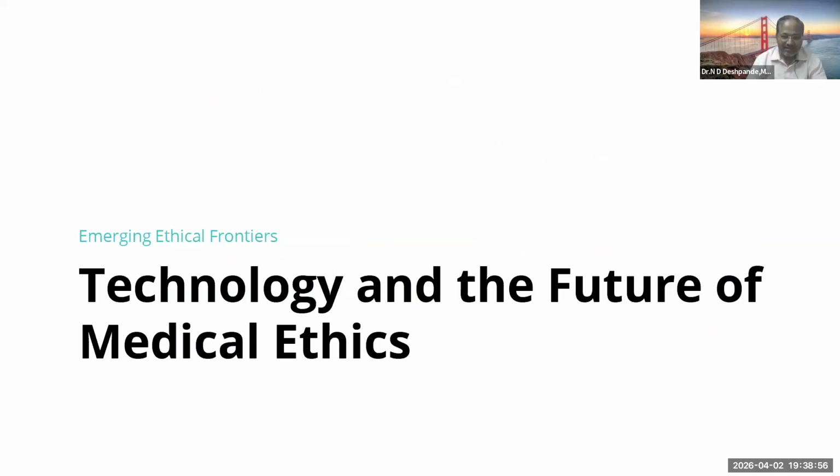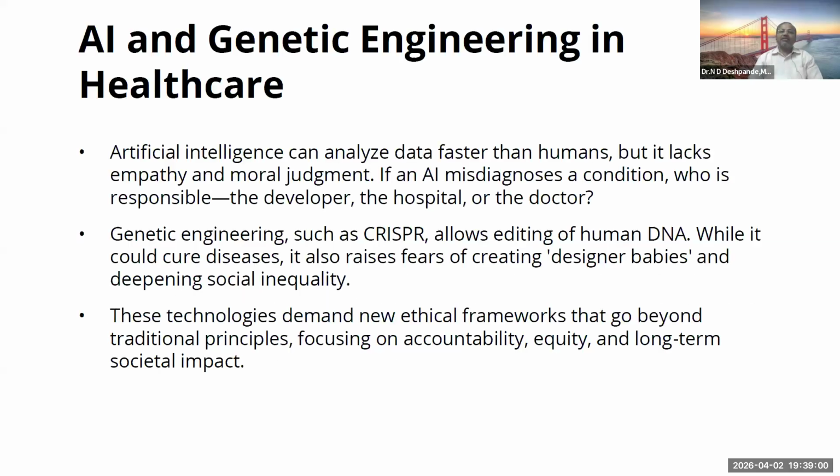Then comes technology and the future of medical ethics. AI and genetic engineering in healthcare. Over a period of time, we have seen not only in vegetables or animals, but also in healthcare, genetic modifications are done. Artificial intelligence can analyze data faster than humans, but it lacks empathy and moral judgment.